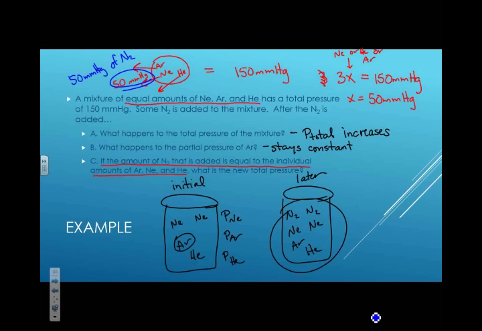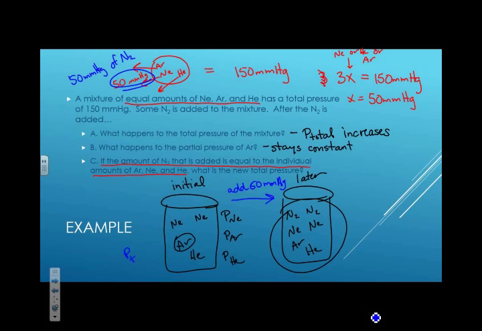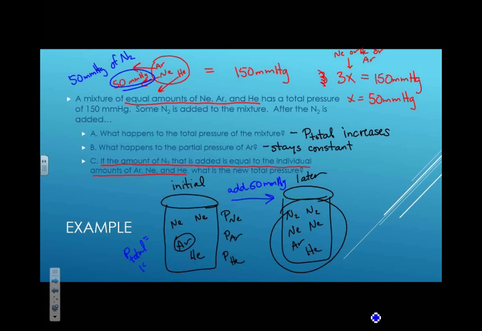So my new total, pretty much here, I added 50 millimeters of mercury. Initially, P total was 150 millimeters of mercury. So if I add 50 millimeters of mercury to 150, then my new P total should be 200 mmHg.